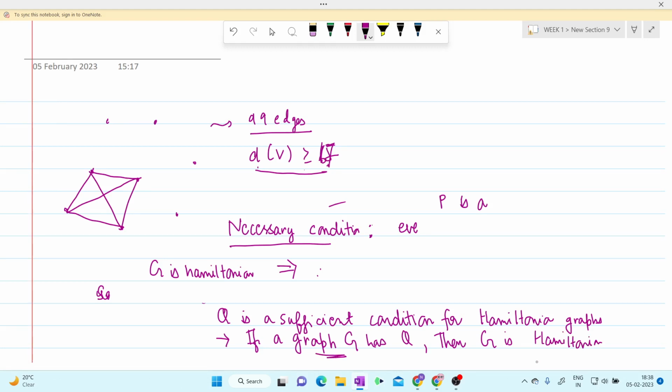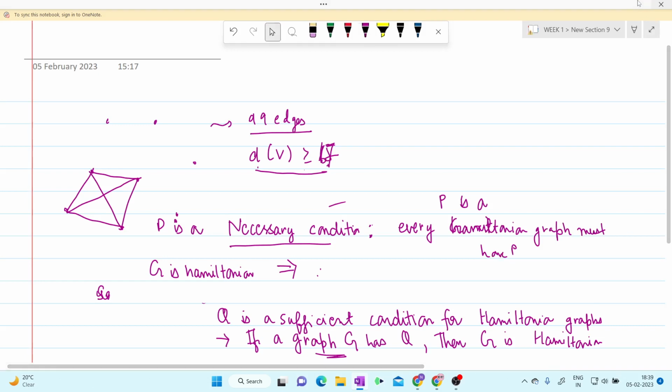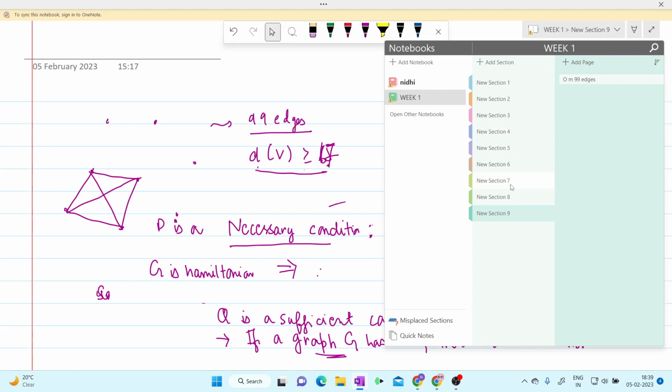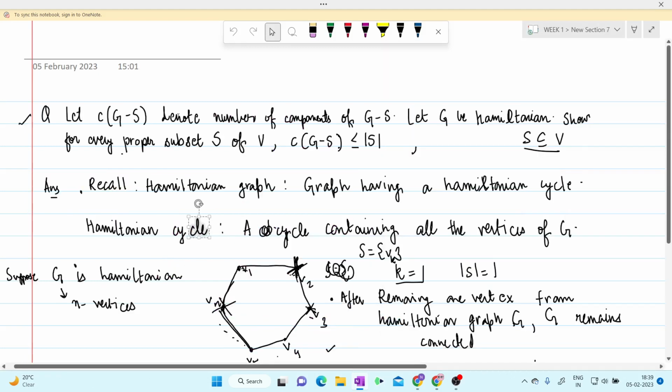Hence we call such a condition a sufficient condition. And if P is a necessary condition, that means every Hamiltonian graph must have P. So in our question, if G is Hamiltonian, we show that after removing any proper subset S of V, the number of components cannot exceed the number of vertices which are removed.